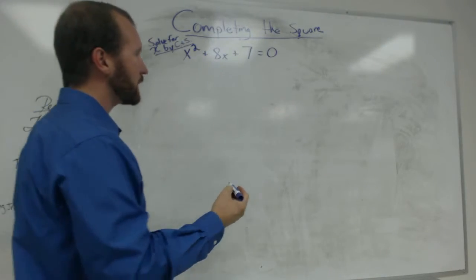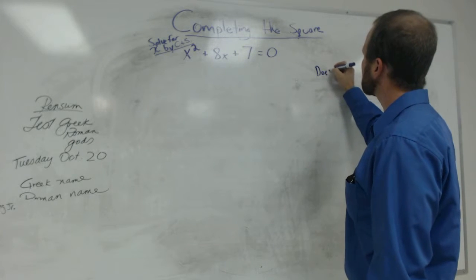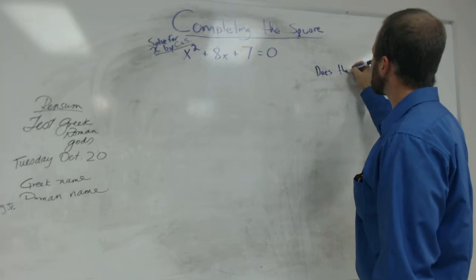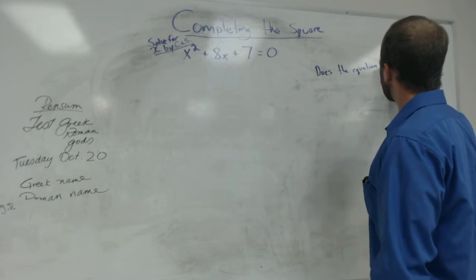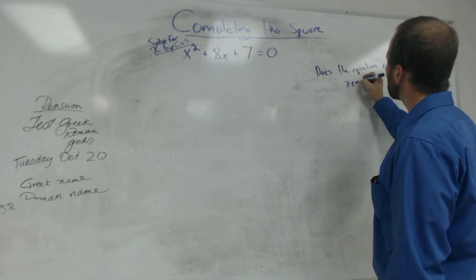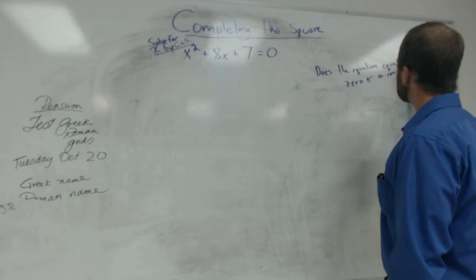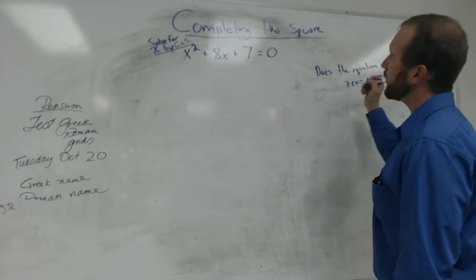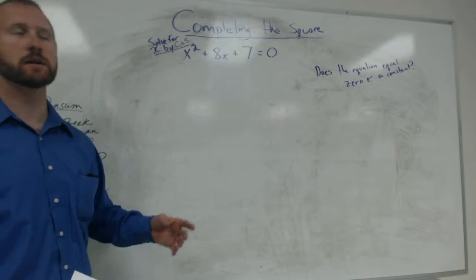So the first thing I want to make sure I have is, does the equation equal 0 or a constant? Is that true? In other words, do I have my x squared and my x on one side of the equation?